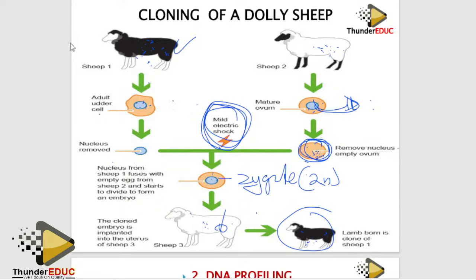It's because this casing is not for an ovum. You understand? And so therefore it cannot undergo meiosis. It cannot undergo mitosis either. It won't look like a zygote, because it is coming from another body cell.